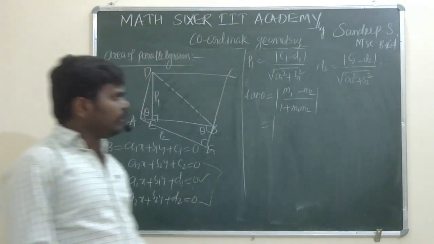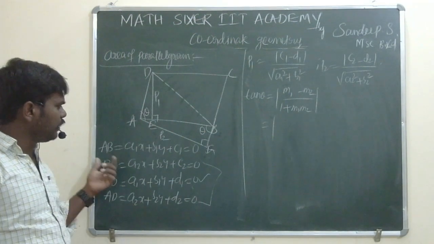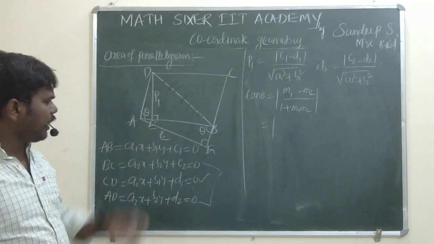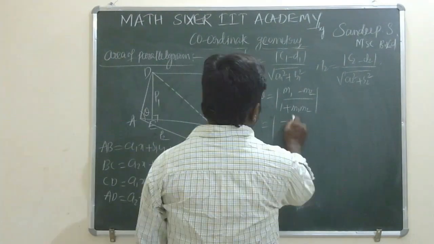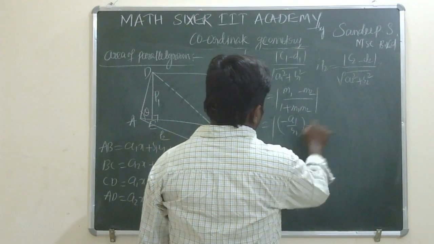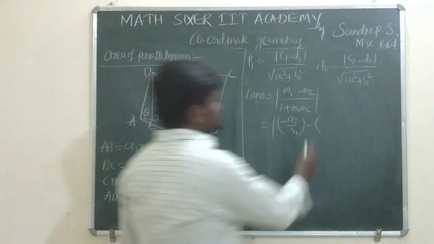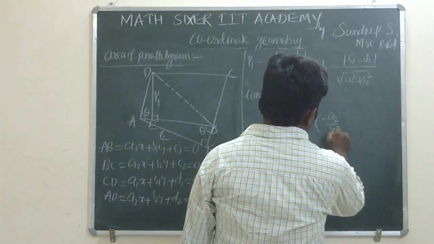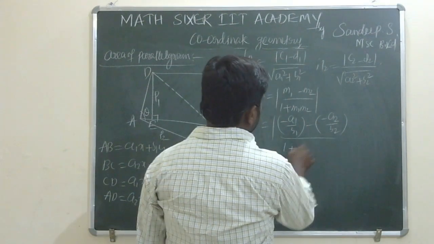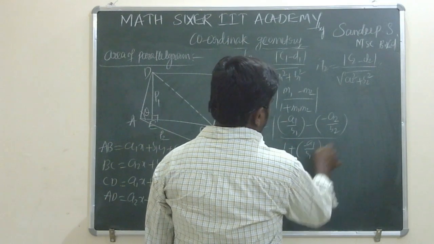Here m1 is minus a1 by b1, and m2, for the second equation, is minus a2 by b2, divided by 1 plus m1 m2.